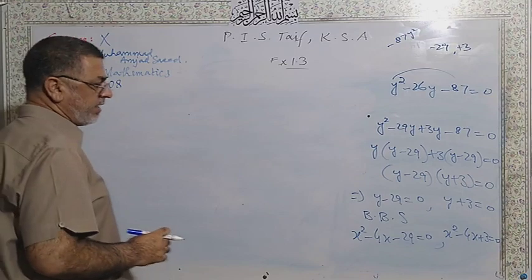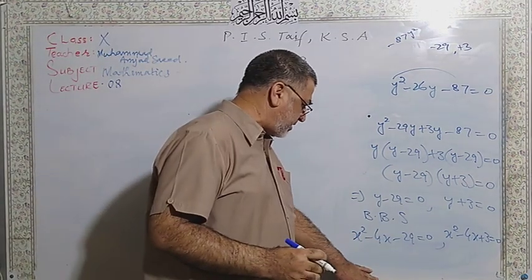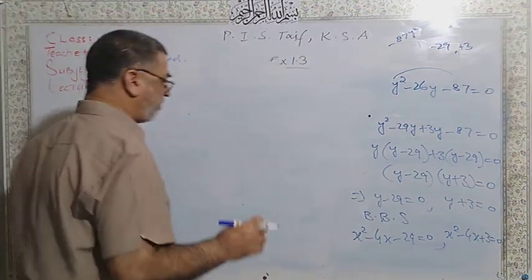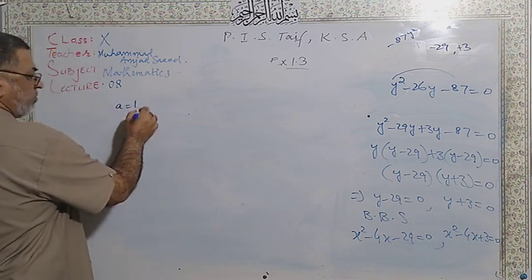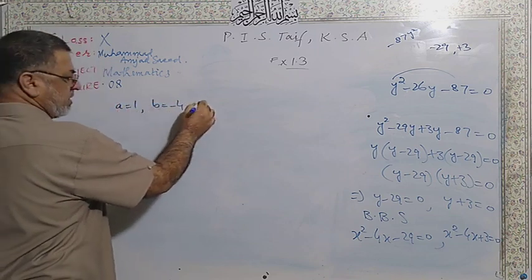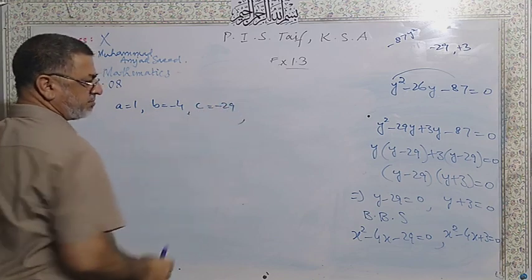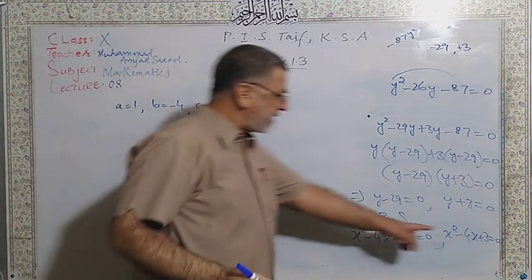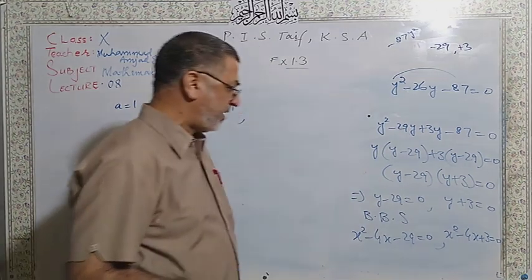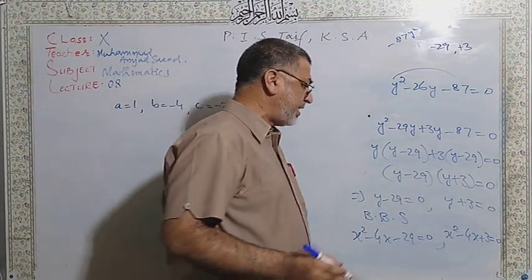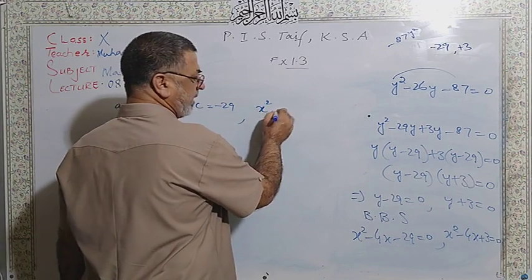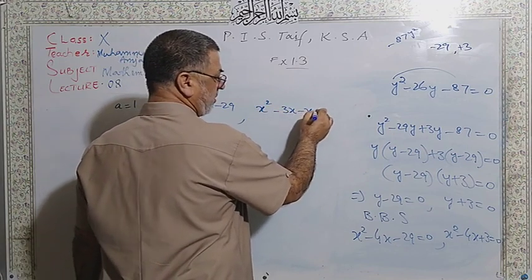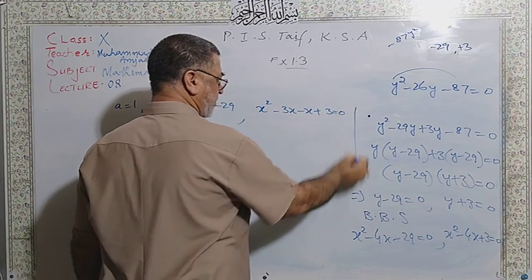We cannot make a pair for the first equation, so you will apply the quadratic formula here. a is equal to 1, b is equal to minus 4, c is equal to minus 29. But in case of x square minus 4x plus 3, the 3 is split as minus 3 and minus 1, and it will become minus 4. So here is the possibility of factorization.